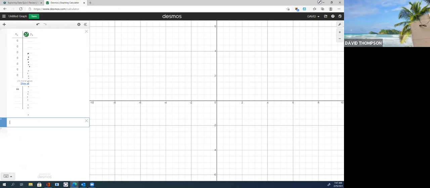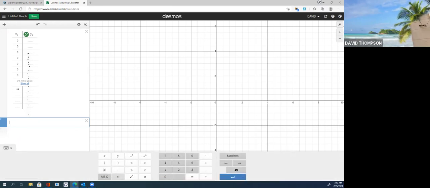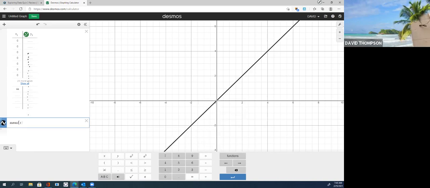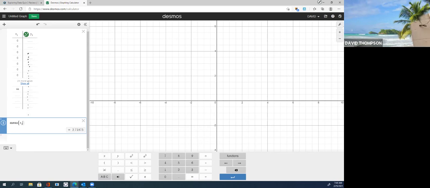Okay, so next we're going to hit functions, go to stats, type mean, x1. So my mean is 2.71.